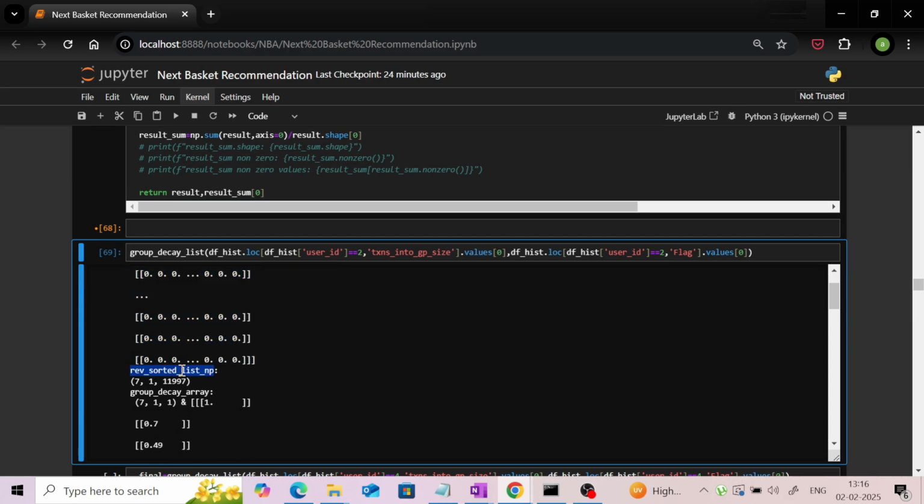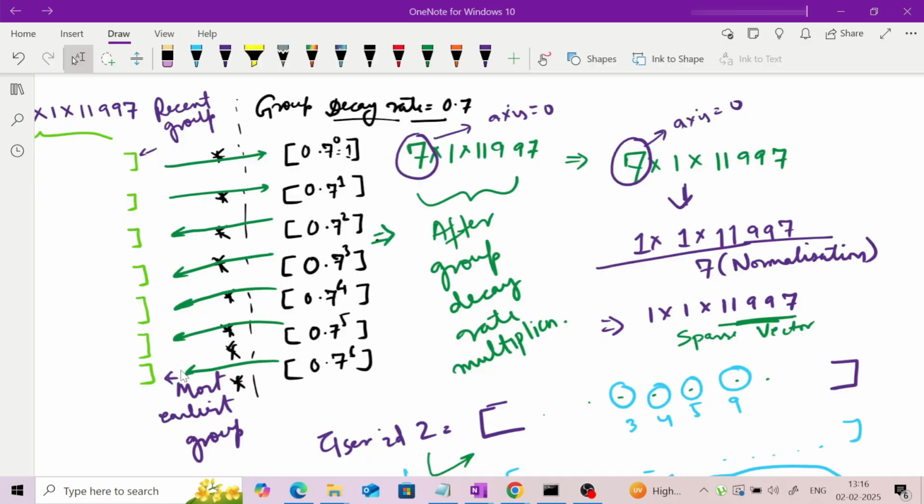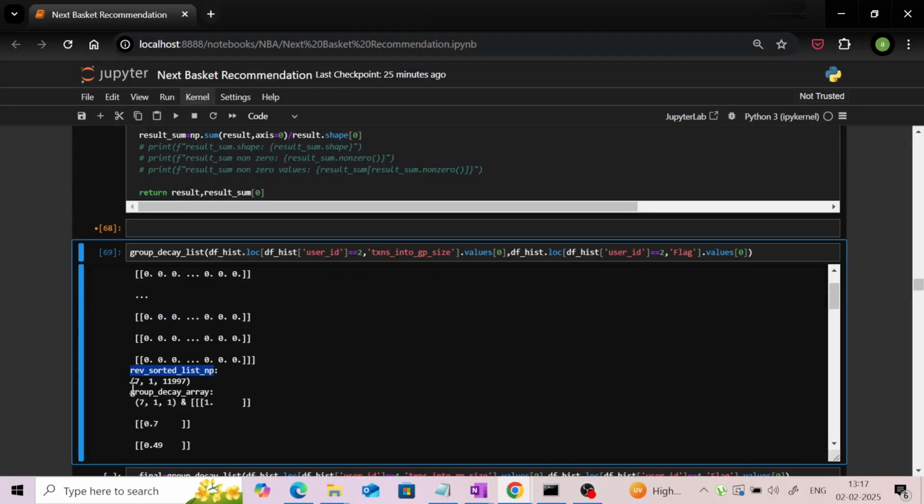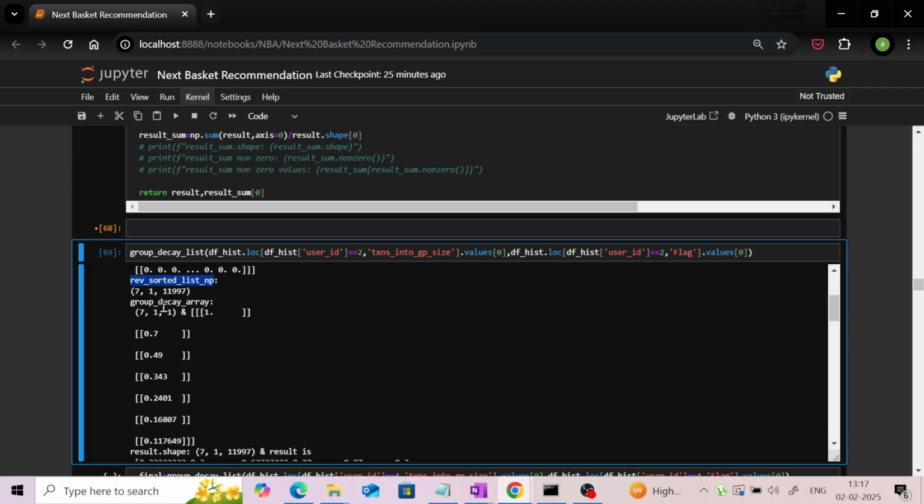Few are hidden. We can see six, one is hidden. Then we are reversing it such that the recent group will be coming on the top and the earliest group will be coming on the bottom. But the dimension will remain the same. So it's 7 by 1 by 11,997.